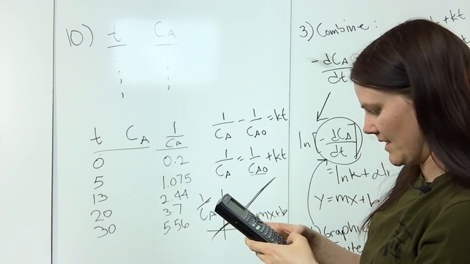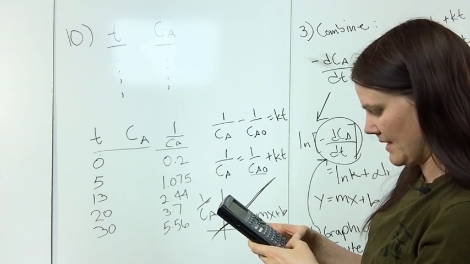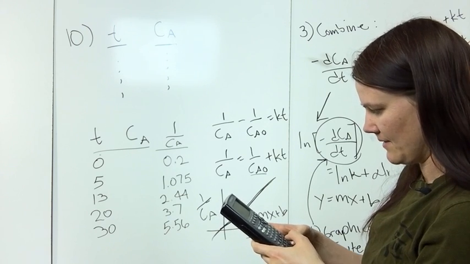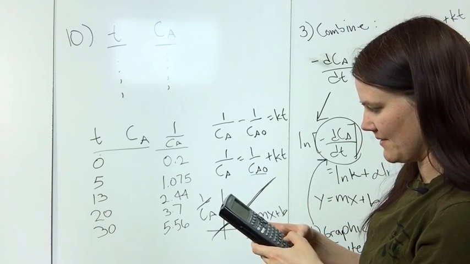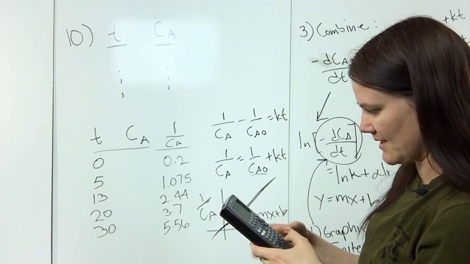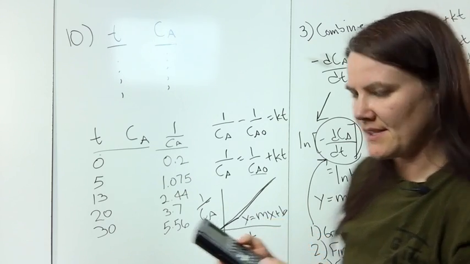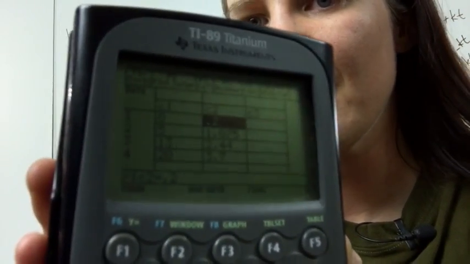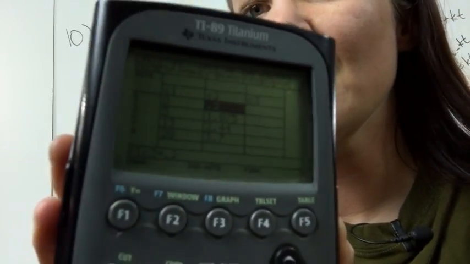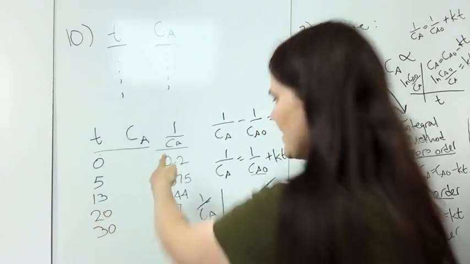And then for the second one, 0.2, 1.075, 2.44, 3.7, 5.56. I don't know how well you'll be able to see that on here, but I have C1 and C2, and I've put in the data.